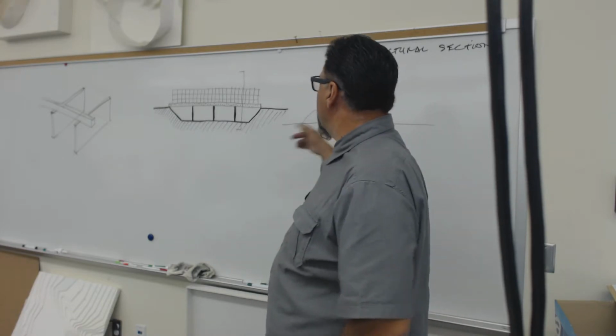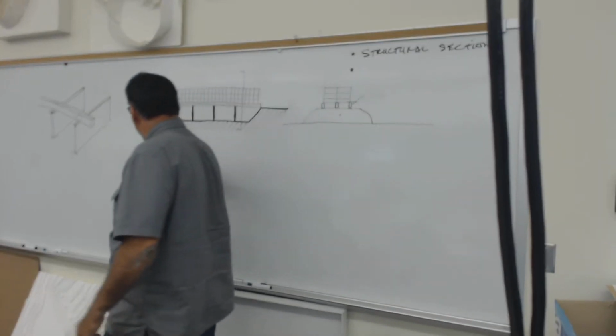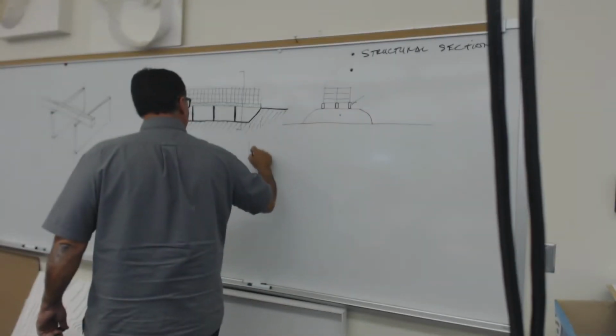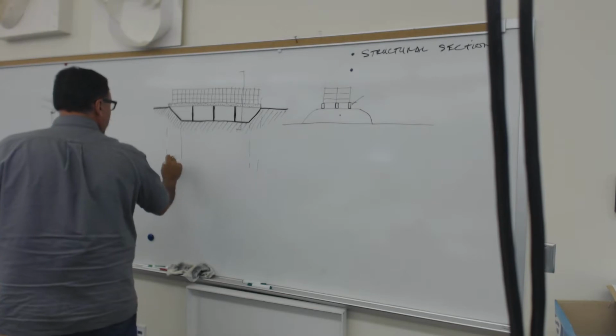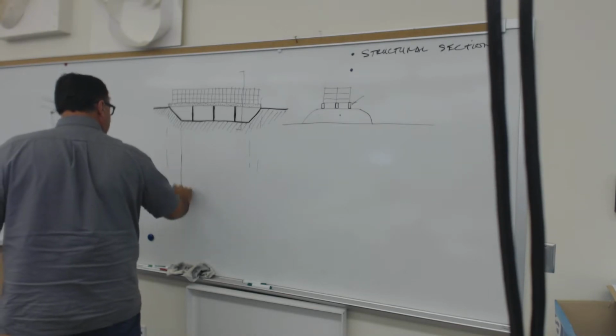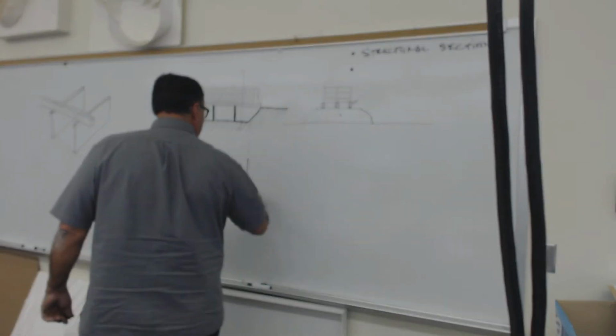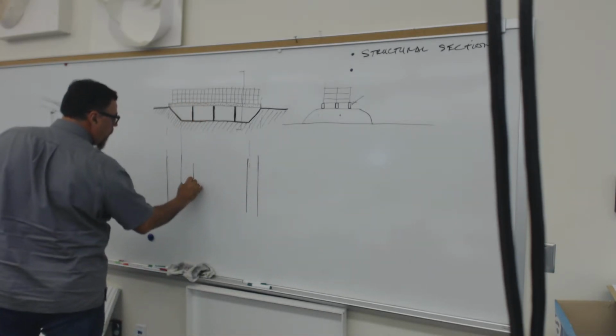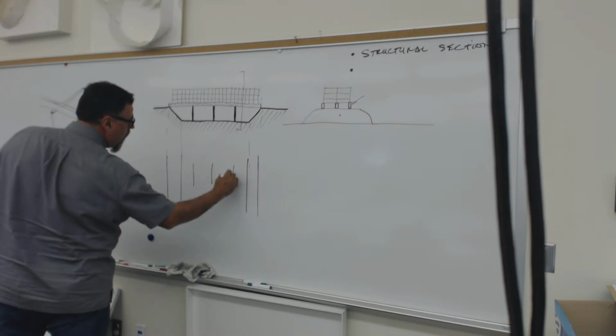In plan view, if that's the edge of the riverbed and these things are going across, you're going to have a wall and a wall.